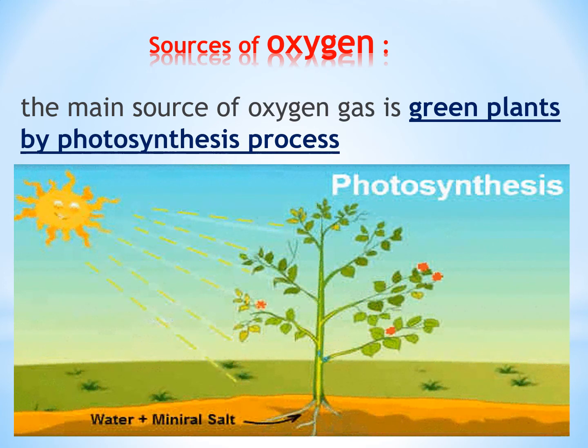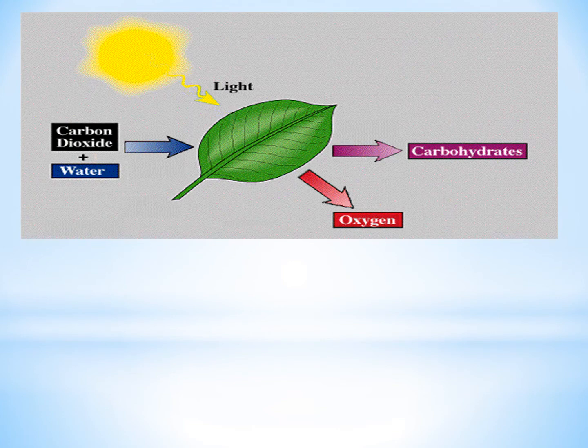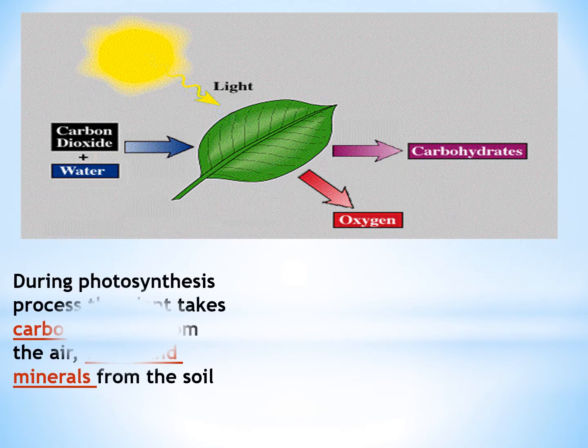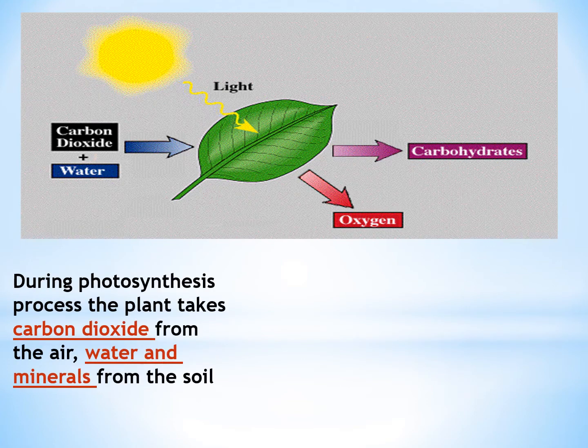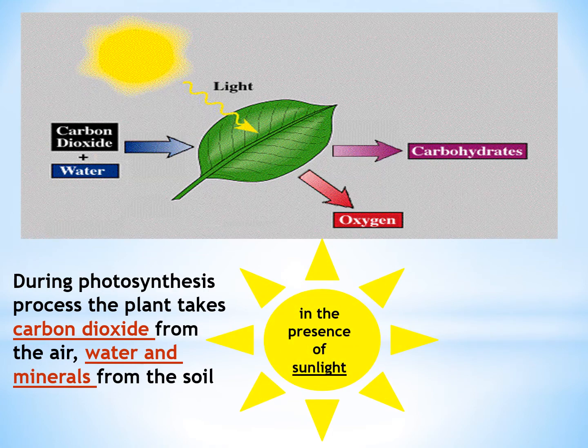How? The green plant takes carbon dioxide gas from air, water and mineral salts from the soil, and light energy from the sun or the sunlight. Then the plants make photosynthesis process and produce food or nutrients and oxygen gas.